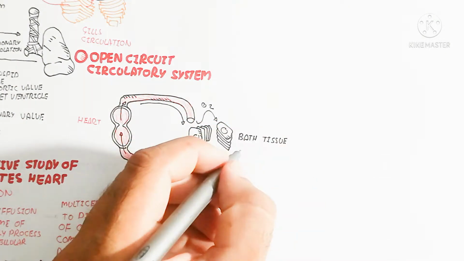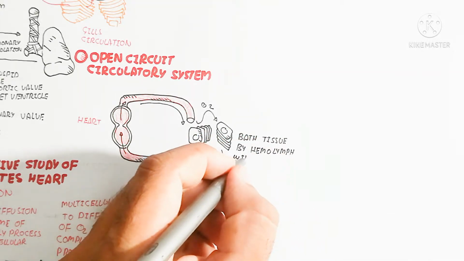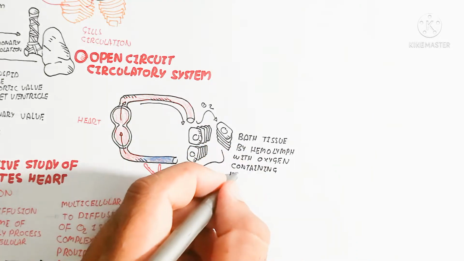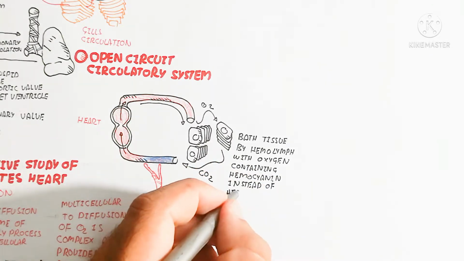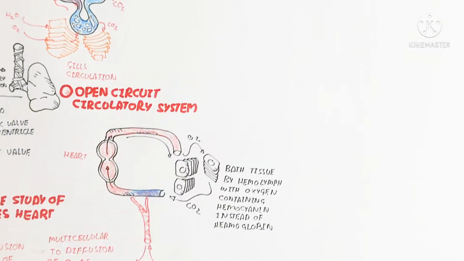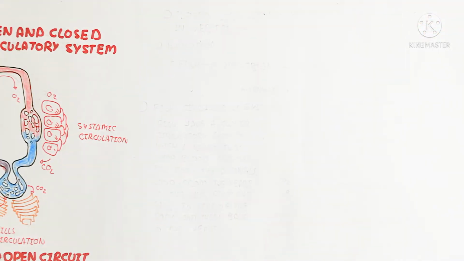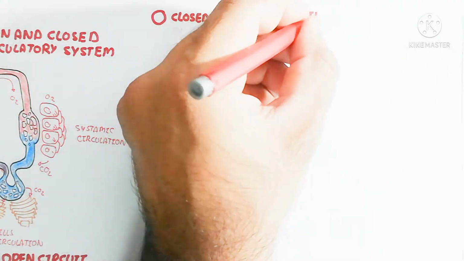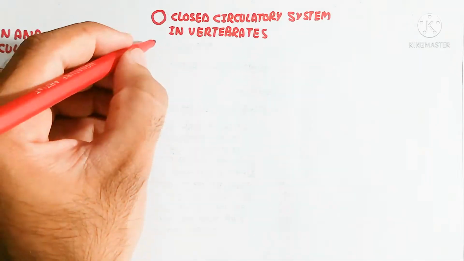So the blood directly bathes the tissue; the tissue is bathed by hemolymph with oxygen, containing hemocyanin instead of hemoglobin. So this was the open circulatory system. It means it openly bathes the tissue to provide oxygen while extracting the carbon dioxide and moving it outside through the trachea. Now let's begin to understand the blood circulatory system in vertebrates.